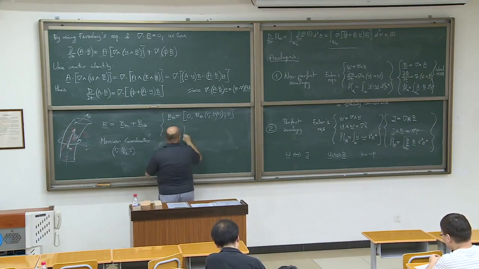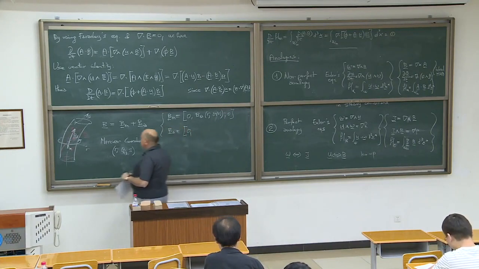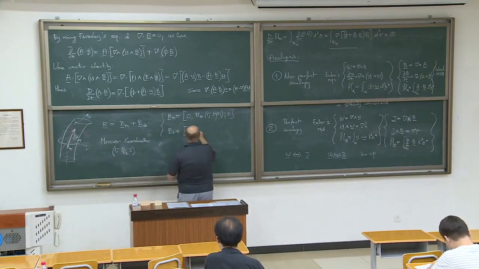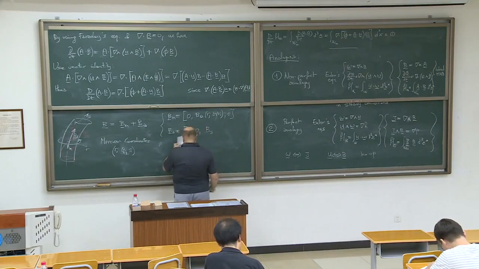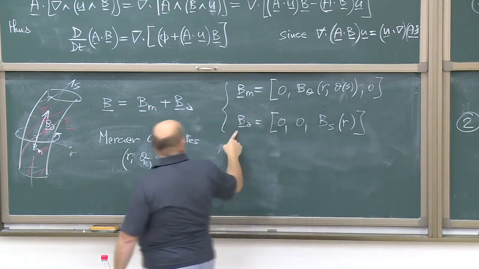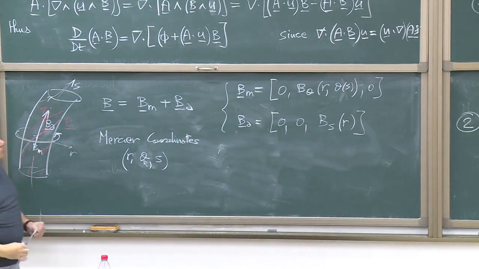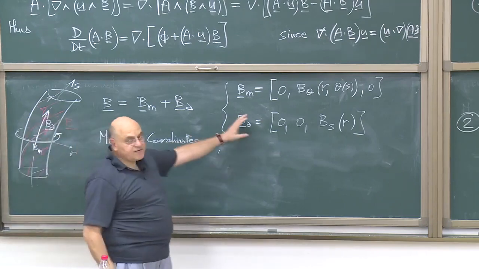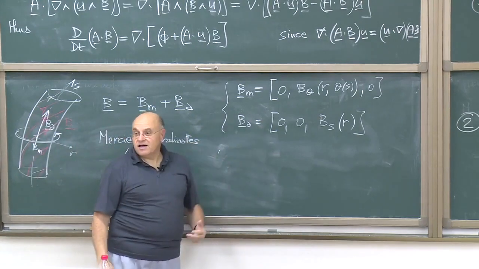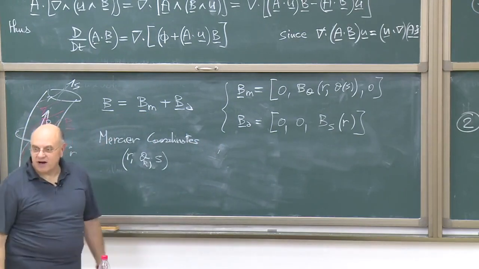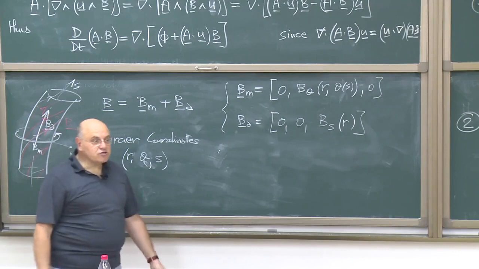And BA similarly will have no dependence on r, of course no dependence on theta, but along s will be a function BS of r. Okay, so this is the field. Now, with these coordinates and this field, we have to do some algebra. Why do I want to do some algebra?